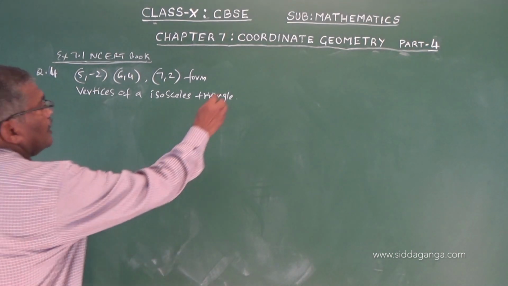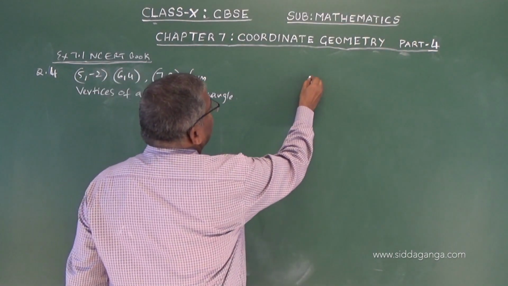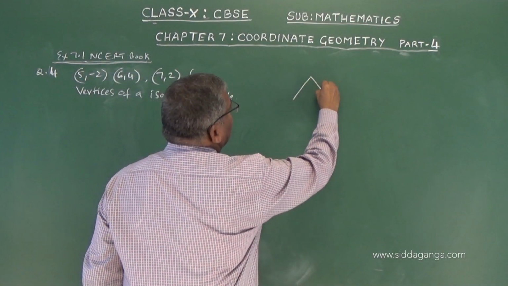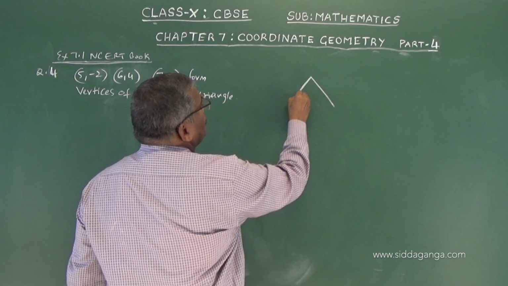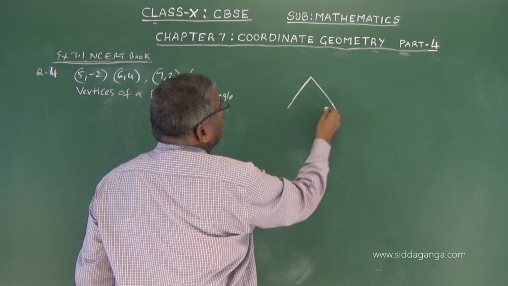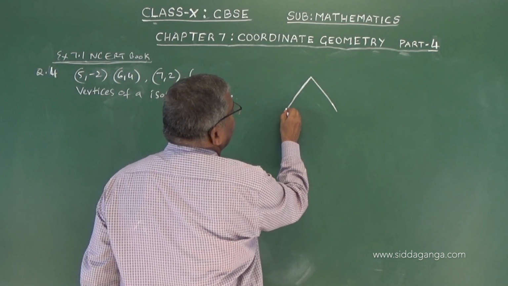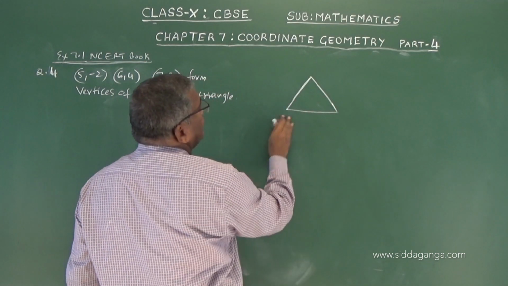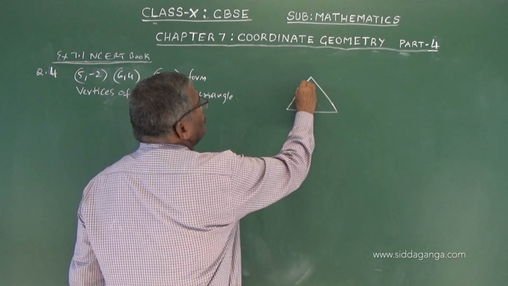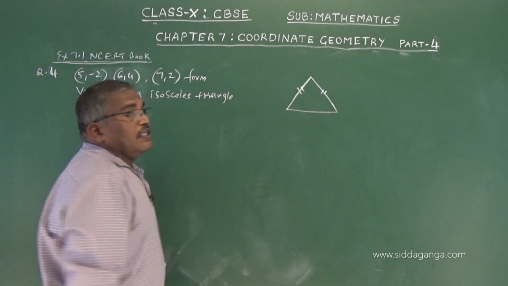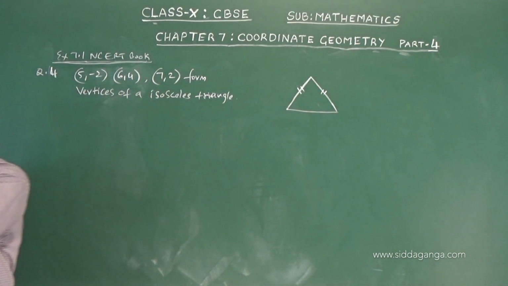Now, what is an isosceles triangle? An isosceles triangle is one which has two sides of equal length. If we have a triangle and these two sides are equal, we call it an isosceles triangle.